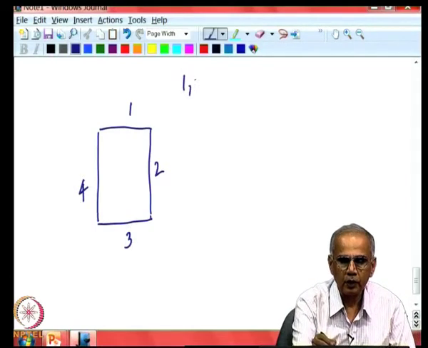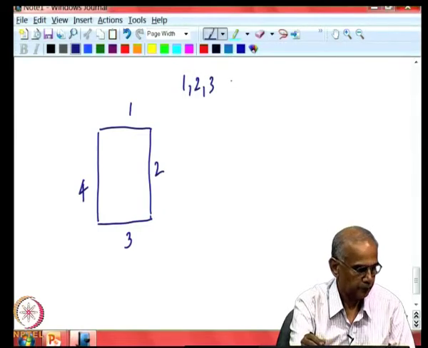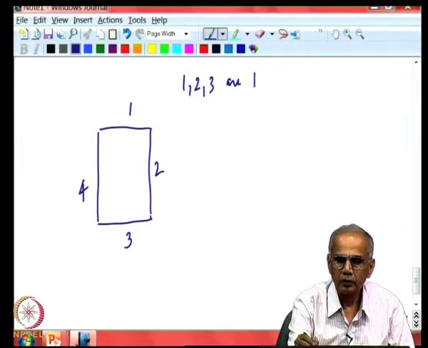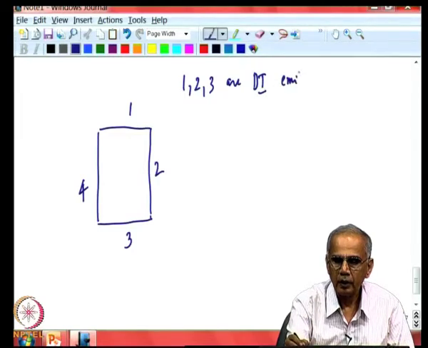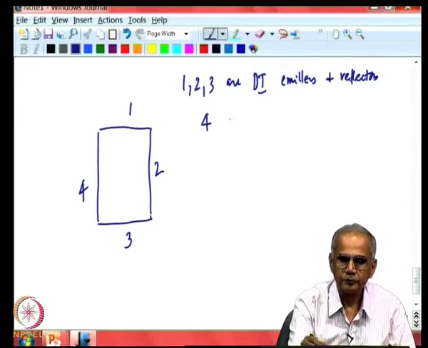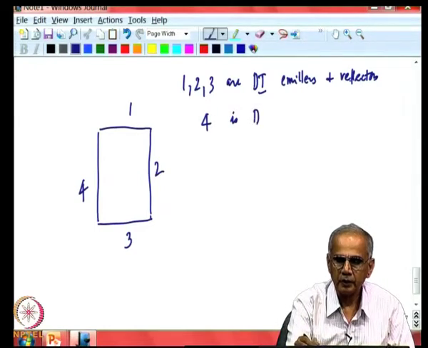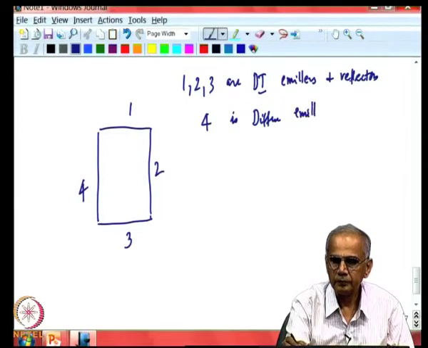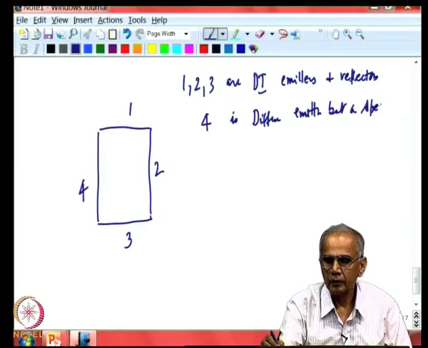So, surfaces 1, 2 and 3 are diffuse isotropic emitters and reflectors, while 4 is a diffuse emitter, but a specular reflector.